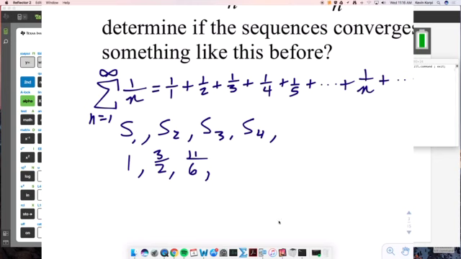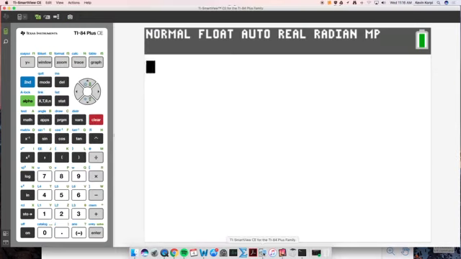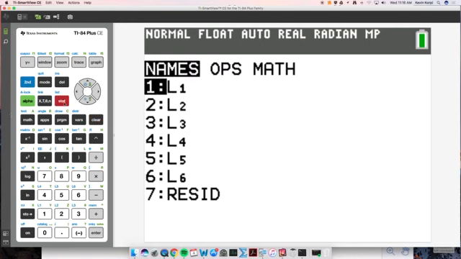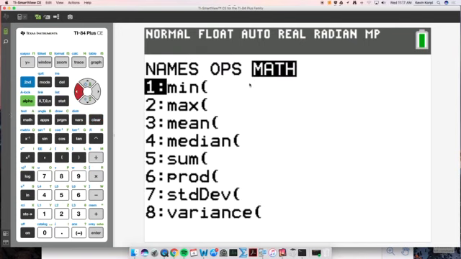Now, with MathPrint, there was an upgrade to the sigma notation. Without MathPrint, there was never a sigma notation. You had to take the sum of a sequence, which means you had to use list commands. If you go to second stat, you have list commands, and you go to math, you could take the sum of a sequence that you generated. Very, very not intuitive, okay?